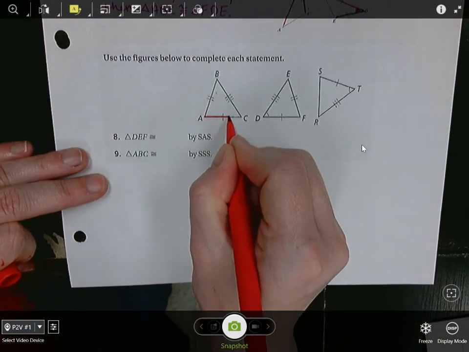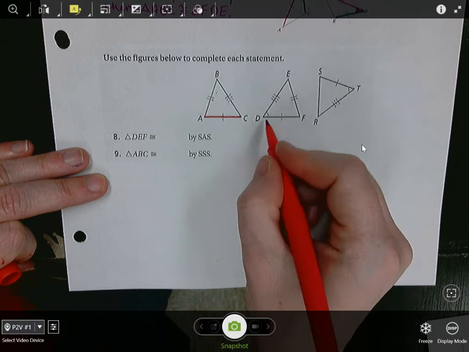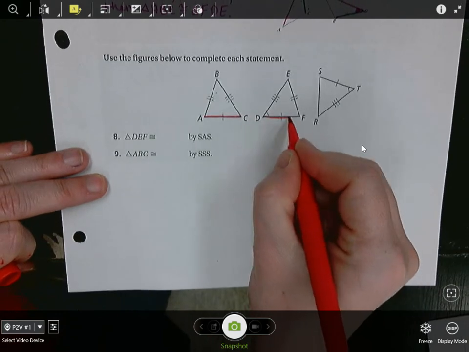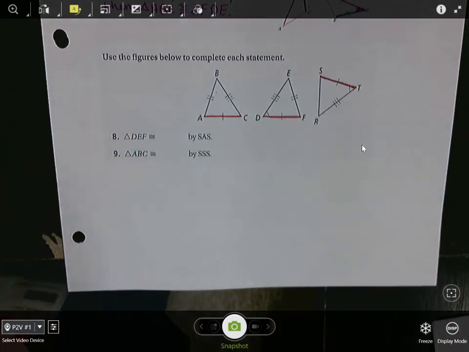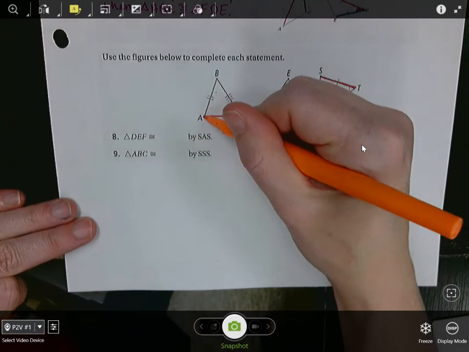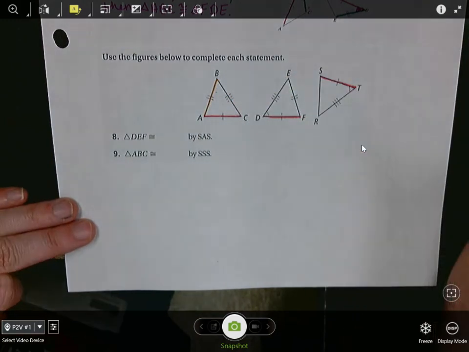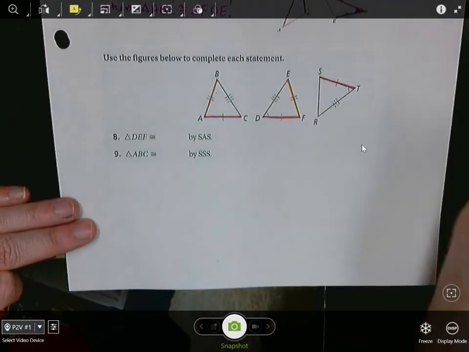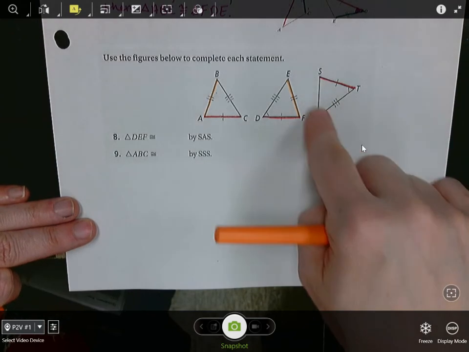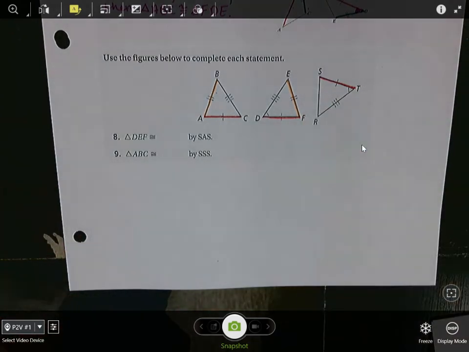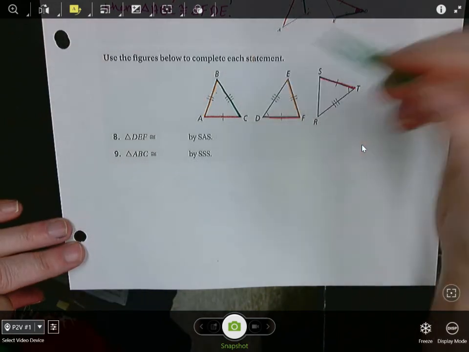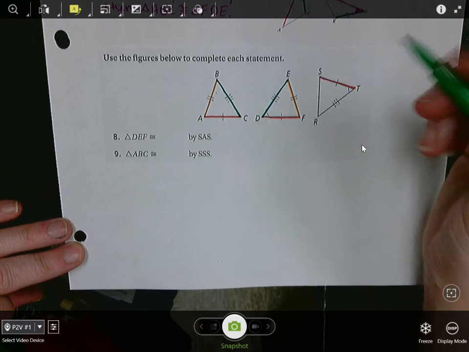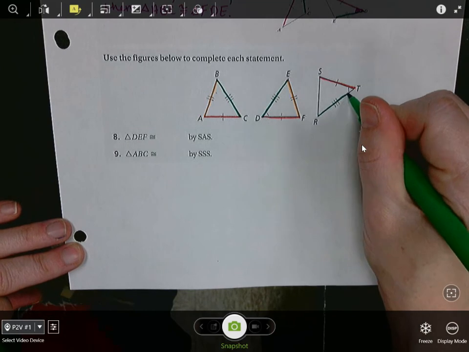So I would highlight segment AC, and it's marked congruent to DF, and that's also marked congruent to ST. And then AB is marked congruent to EF, which is not marked to anything over here. And then you have BC that's marked congruent to DE, which is also marked congruent to TR.